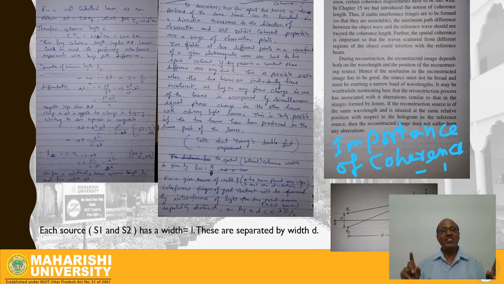But as long as any phase change in the first one is accompanied by a similar phase change in the second one, that means the phase change is fixed and its duration is fixed, then they can be spatially coherent, because that phase change will be reflected over a distance. The same phase change will be reflected over a distance over a particular coherent time. So this is only possible if the two waves have been produced in the same part of the source.